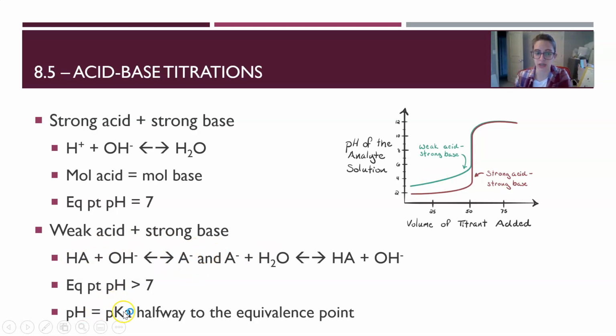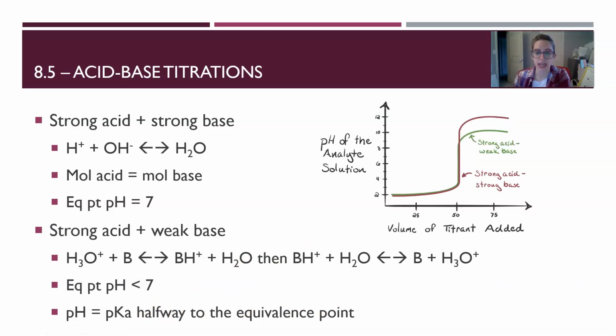So pH equals your pKa at halfway to the equivalence point. If you know the Ka of your weak acid, you can calculate the pKa, because that would just be the negative log of the Ka, and then that will tell you what the pH is going to be at that halfway mark. So that can be a useful relationship.